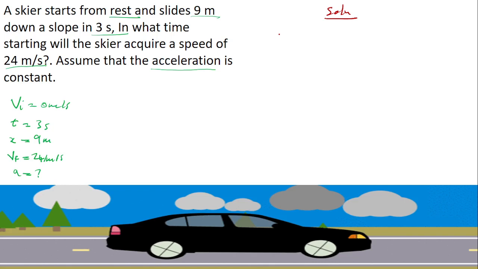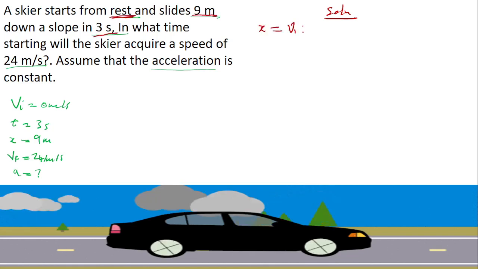So the formula which has all of these is x is equal to v initial times time plus half acceleration times time squared.